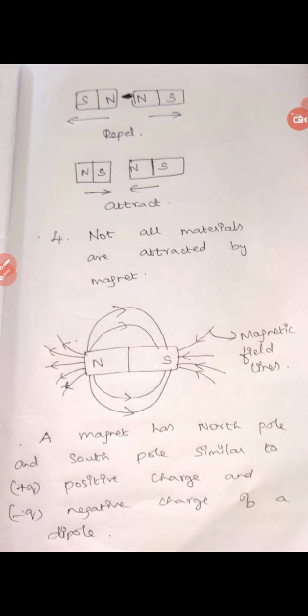Likewise, in a magnet with a north pole and a south pole, the distance between the north pole and south pole is, for example, 2l. In a magnet we have north and south poles, and in the current electricity chapter there were two charges in a dipole, a positive charge and a negative charge, with a distance of separation in between, called an electric dipole. Here it is called a bar magnet.